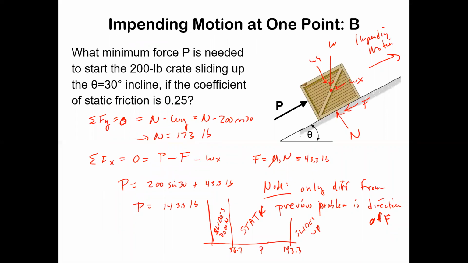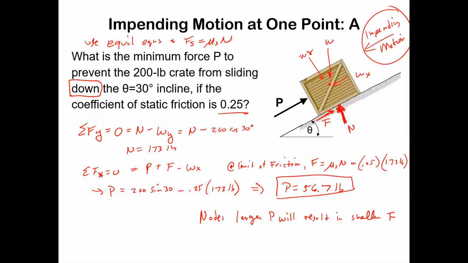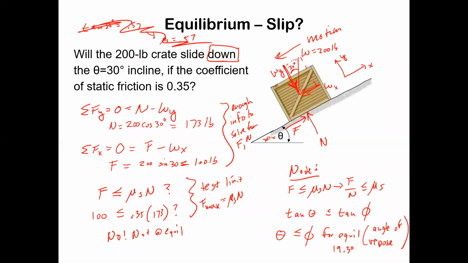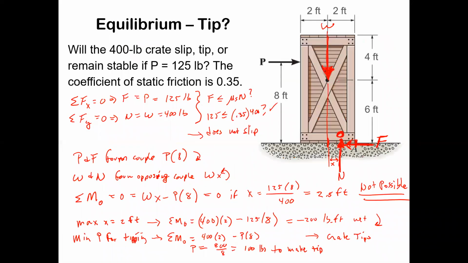So yesterday we were looking at this notion of friction, and we were looking at a few different problems, like whether a box is going to slip, or if it's going to tip, or what is the minimum force for impending motion, and you have to consider whether the box could tip or slip.